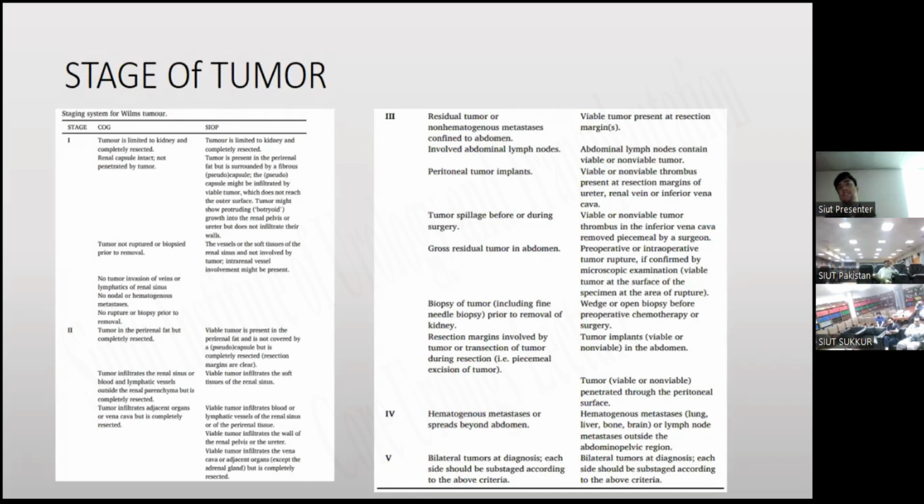Maybe the tumor is completely necrotic due to the therapeutic chemotherapy, so you do not get accurate histology. While in COG, you get accurate histology.